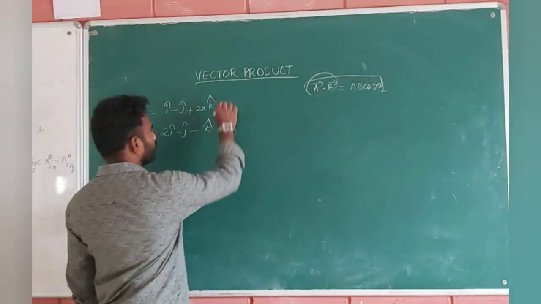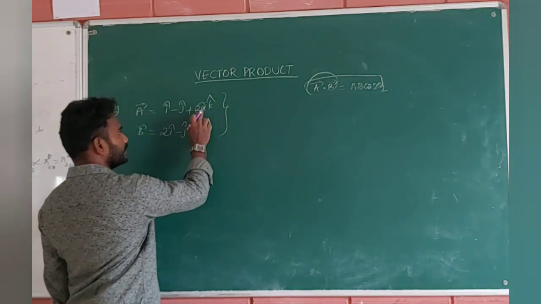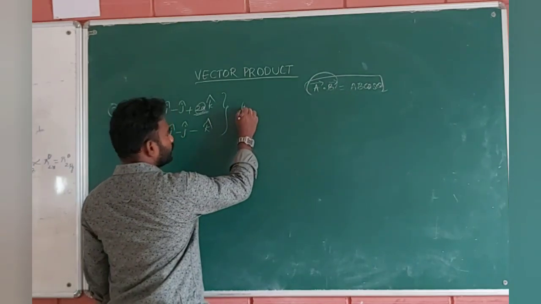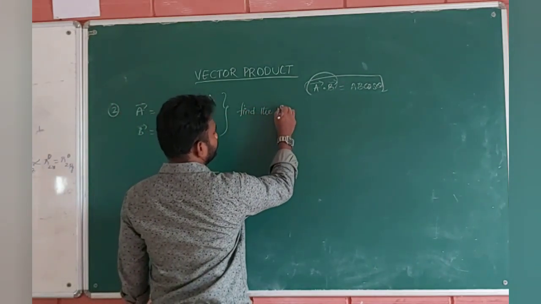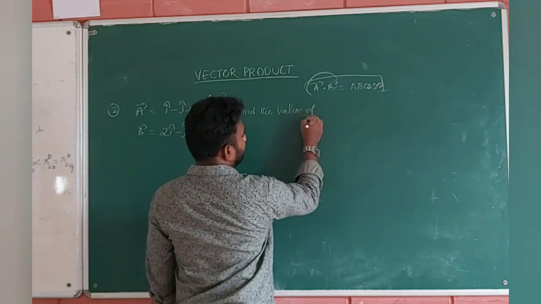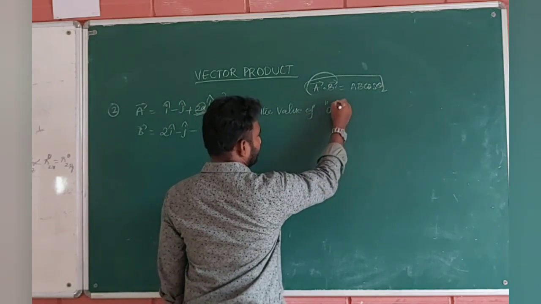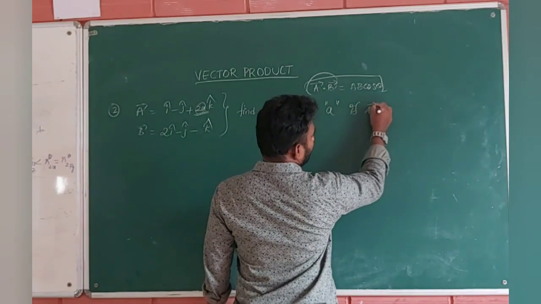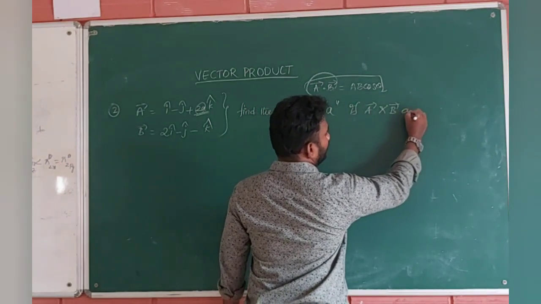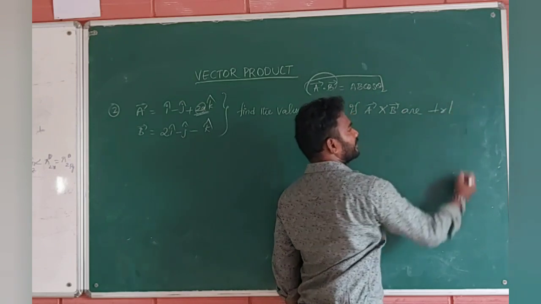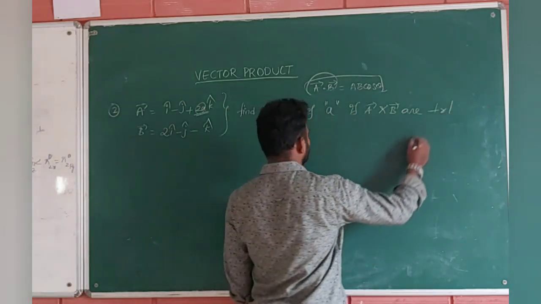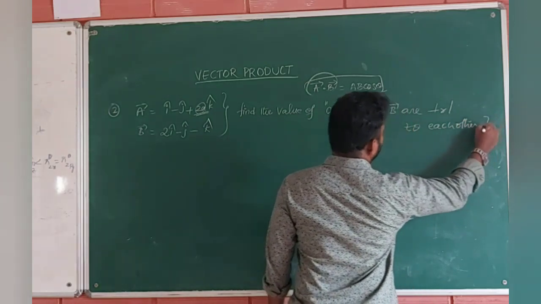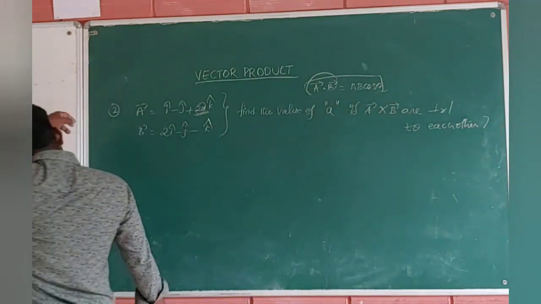Question is, write down the question: find the value of a if A bar and B bar are perpendicular to each other. This is the question as given.